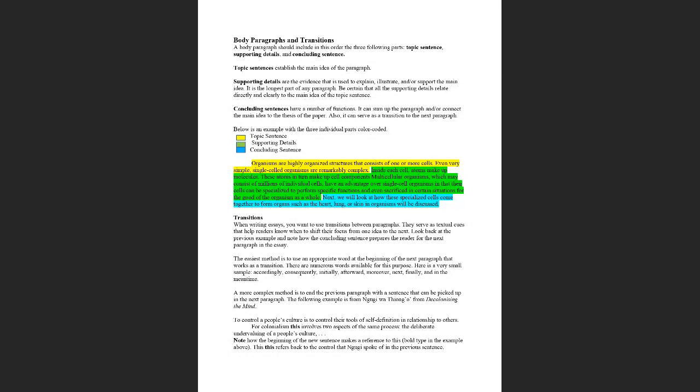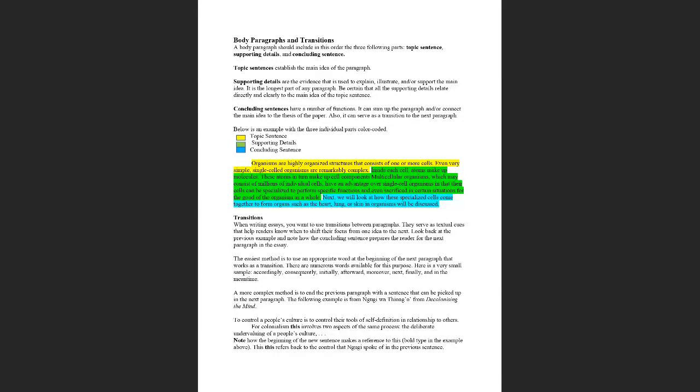For your concluding sentence, it serves a number of functions. It sums up your main idea, what the whole paragraph has been, the main point that you want to make, and it should also connect back to your thesis, that main argument that's holding your paper together. And also the conclusion can serve as a transition to your next body paragraph.